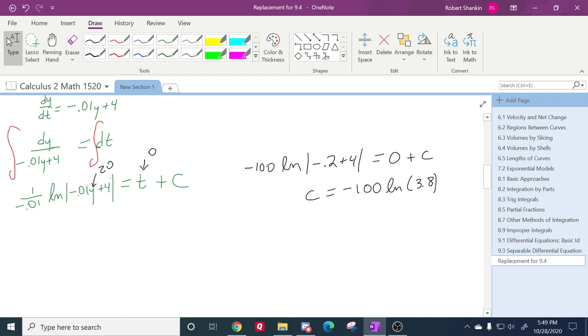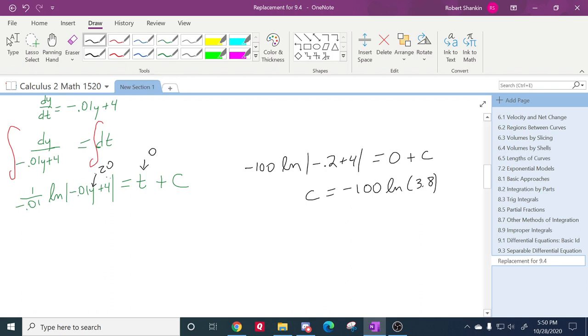It might be easier to ignore what I just did and wait until later to find the c, but let's just go with it this time, see what happens.